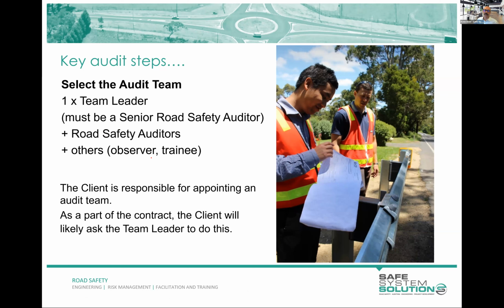Like if you had the local principal of the school or a teacher that came out and told you a bit about where the kids cross and what some of the issues they see are, we don't call them a road safety auditor. They're just giving us information. We call them an observer. A trainee would be somebody who is part of the audit team who has not completed the road safety audit course and got their road safety audit qualifications, but they may be contributing or doing parts of it.